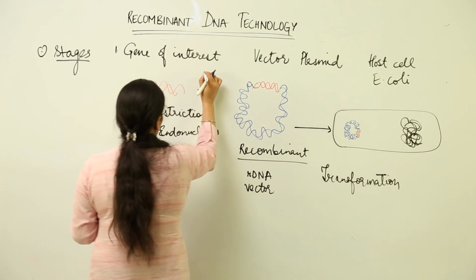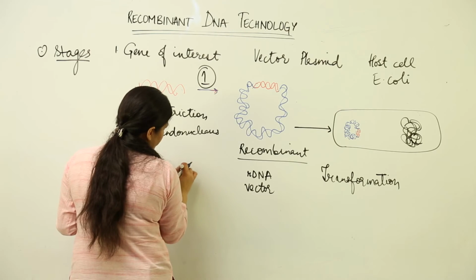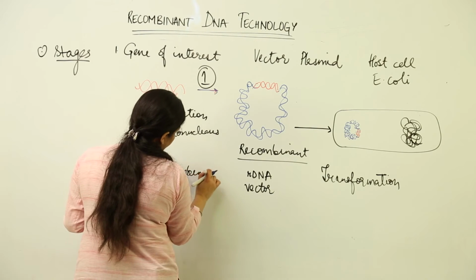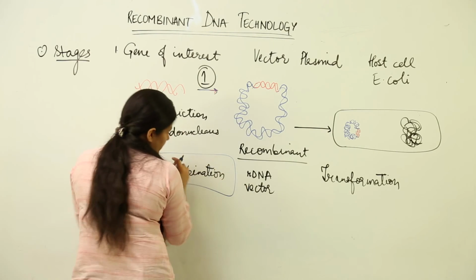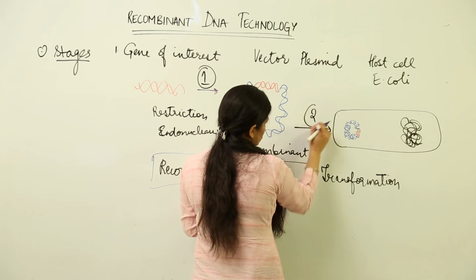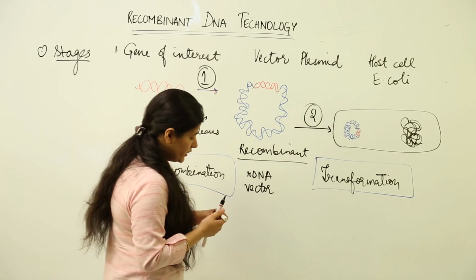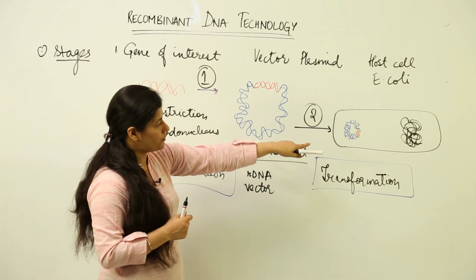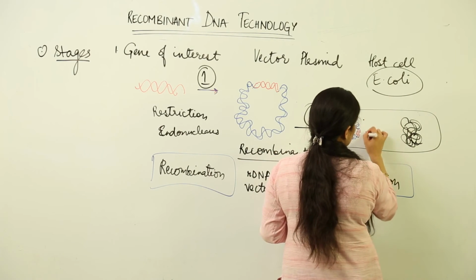Step number 1 is recombination. And step number 2 is transformation, where we have the vector getting incorporated into the host cell, that happens to be E. coli. This is E. coli.